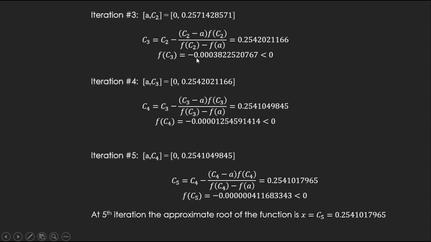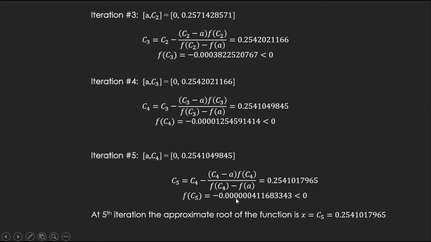And you will notice we are getting closer and closer to zero as we are increasing our iteration. At the third iteration, we get 0.003 something value, and at the fourth iteration we get closer than the third iteration, and at the fifth iteration we get closer to the root of the function than the fourth iteration.